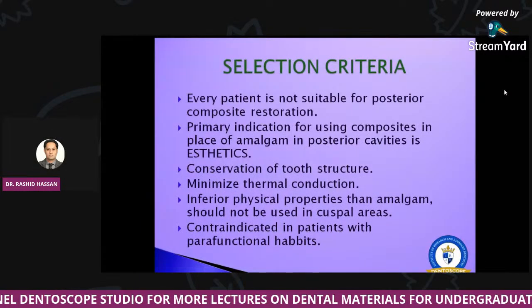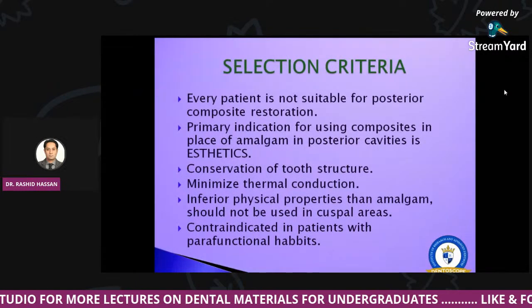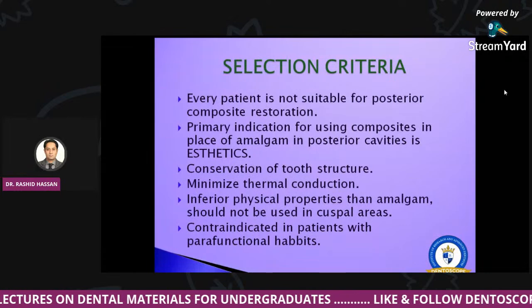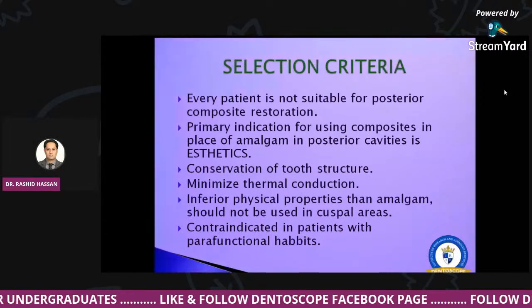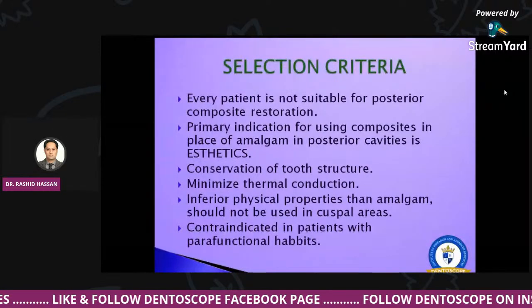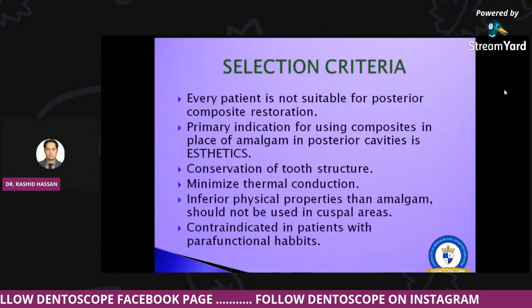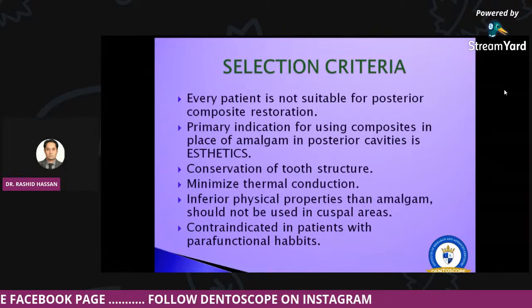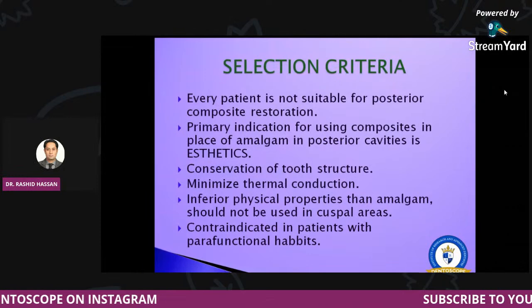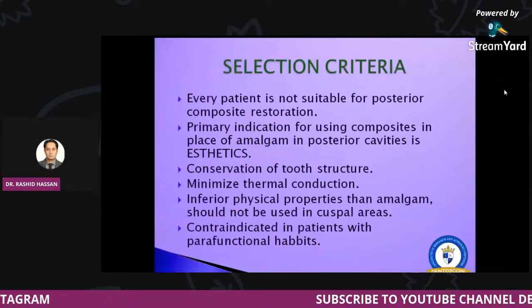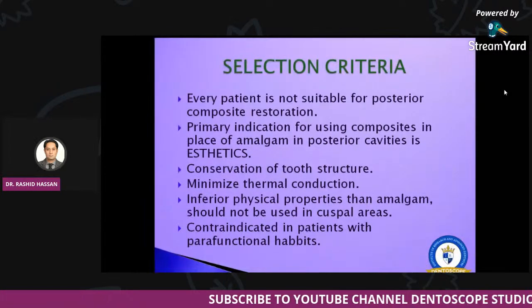A very important step in the fabrication of the dental amalgam restoration cavity is extension for prevention. Sometimes you have to cut down the extra normal tooth structure also, to prevent the chances of secondary caries. That's the idea of extension for prevention.